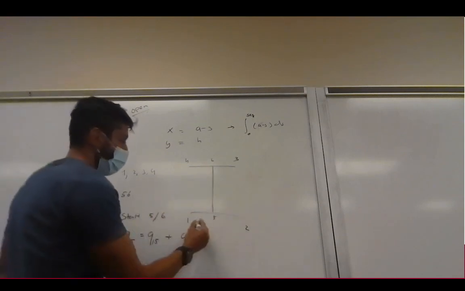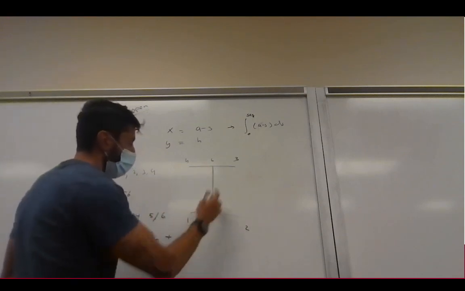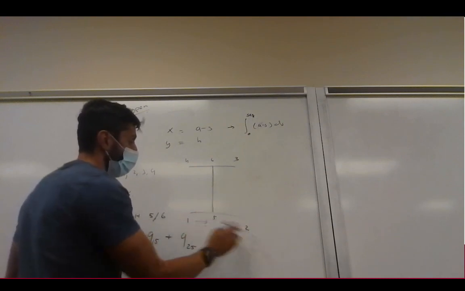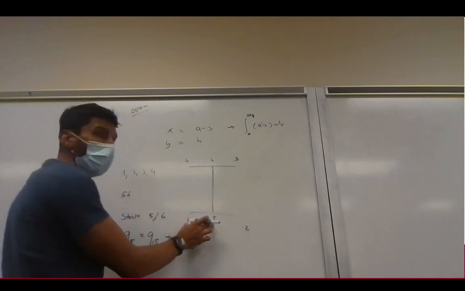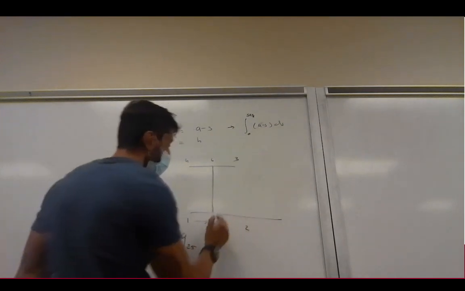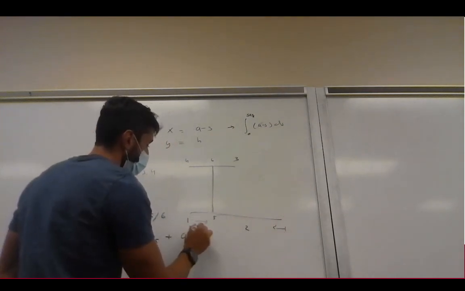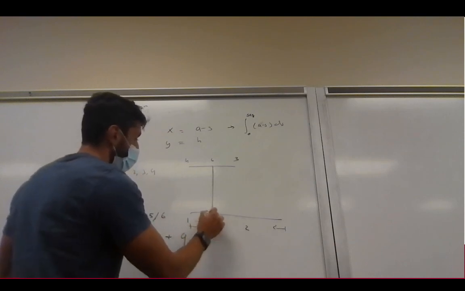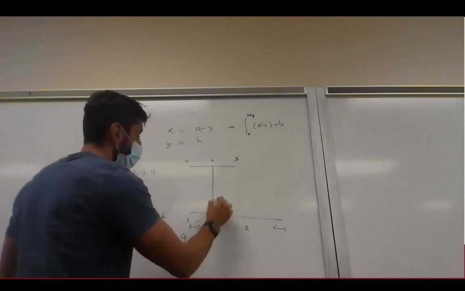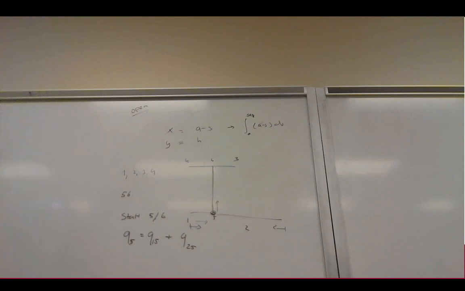If this is symmetric, then you can say 1,5 is equal to 2,5, so you can just multiply 1,5 by 2. But if it's not symmetric, then you have to come in from this side first, then solve this side second, and then add the total shear flow as a starting point, and then you can continue going upwards.